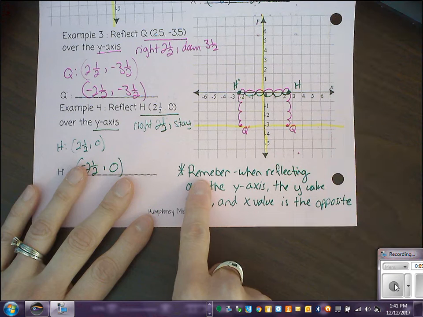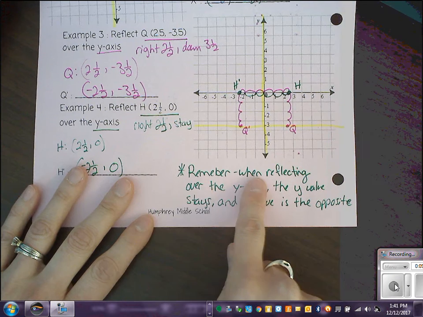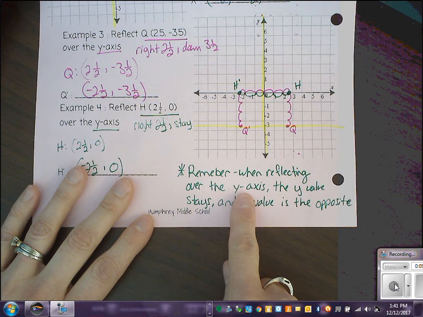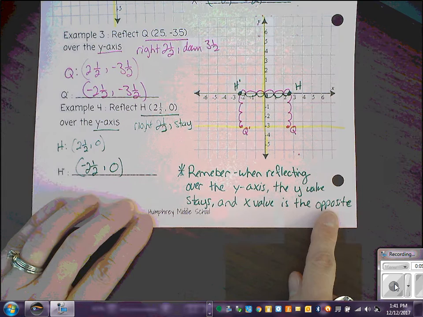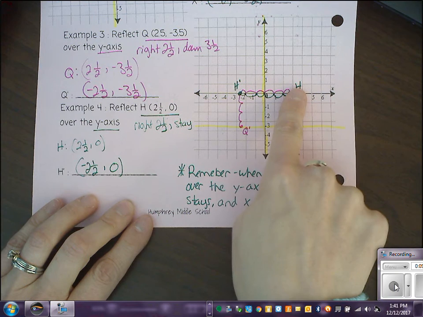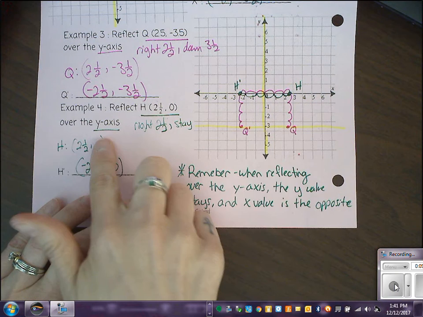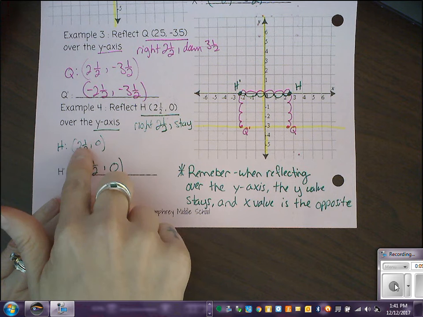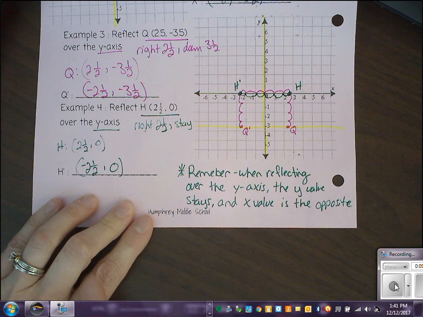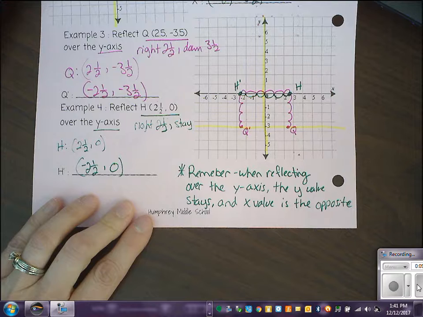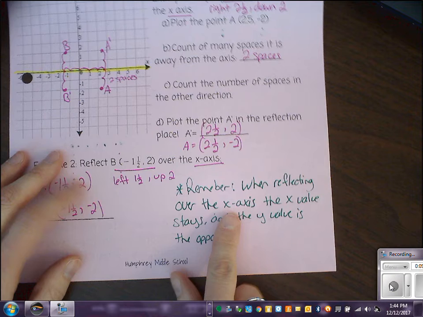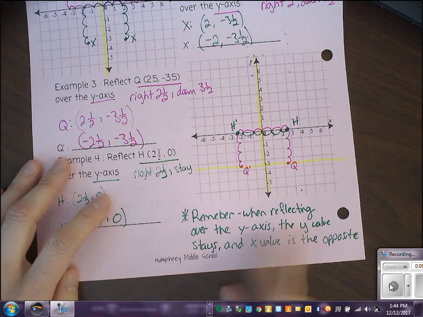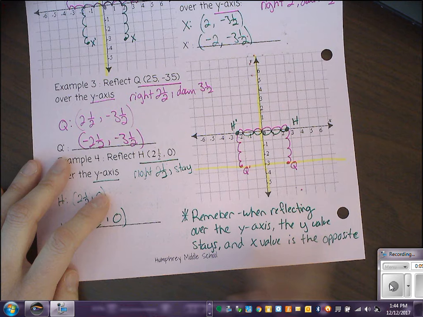Important note to remember. When reflecting over the y-axis, the y value stays, and the x value is the opposite. So I reflect the H over the y-axis, the y value stayed 0, and 2.5, opposite of 2.5 is negative 2.5. So once we realize that we are reflecting over the y-axis, the y value stays, the x value is the opposite.